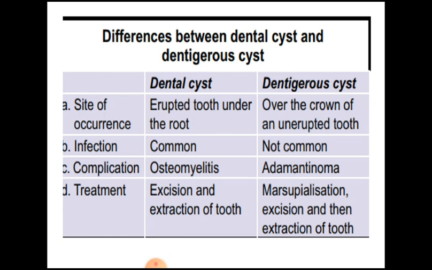Dental cyst in the X-ray shows a well-defined cyst which is empty, while dentigerous cyst is a cyst which has a tooth inside it and trabeculations giving the picture of soap bubble appearance. The treatment of the dental cyst is excision and extraction of the tooth, while the treatment of the dentigerous cyst is marsupialization, excision, and then extraction of the tooth.